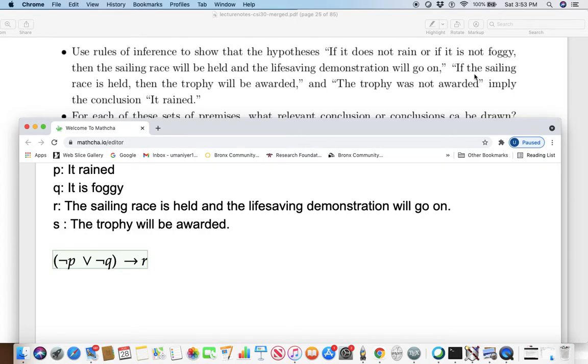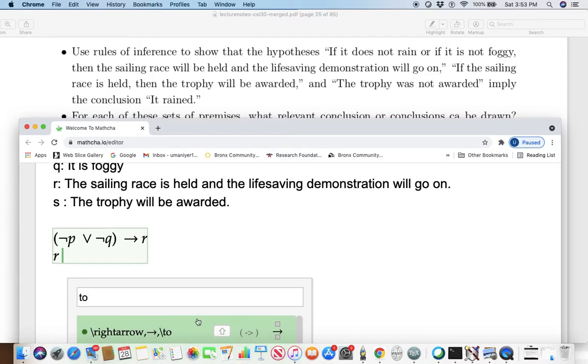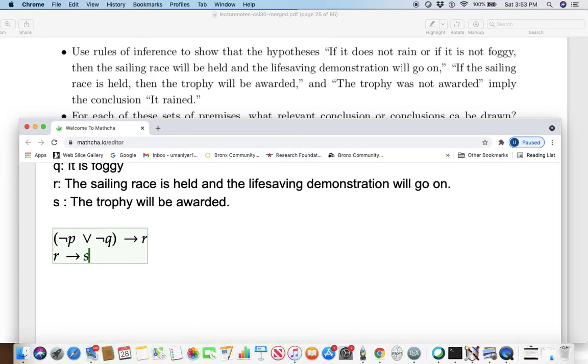Second hypothesis, if the sailing race is held, then the trophy will be awarded. So R implies S, the trophy is awarded. Okay. The trophy was not awarded.